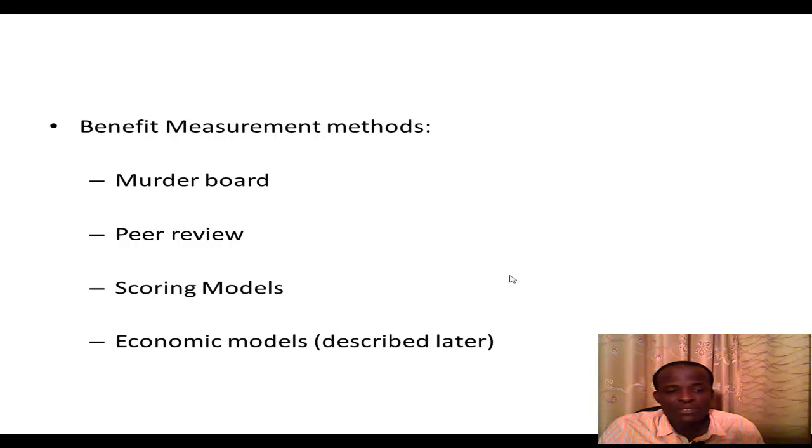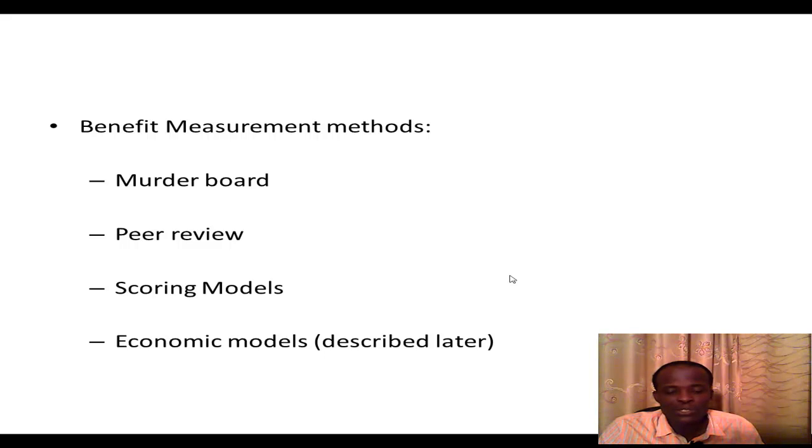With the murder board, several candidate projects are looked at, and a committee or a group of experts looks at which of the projects do not pass a test, or do not meet some particular objectives or metrics set by those who are part of the board.